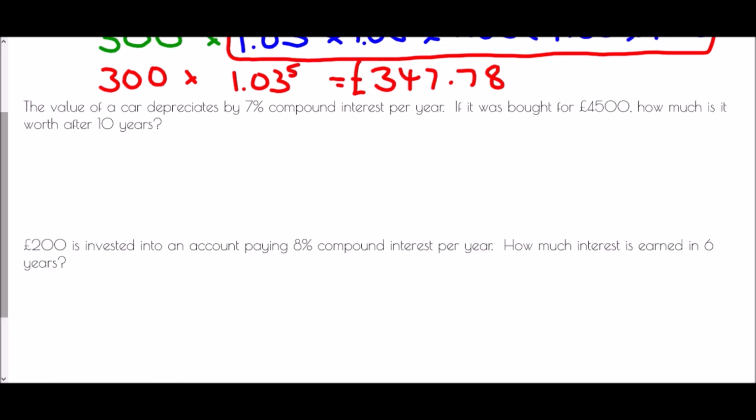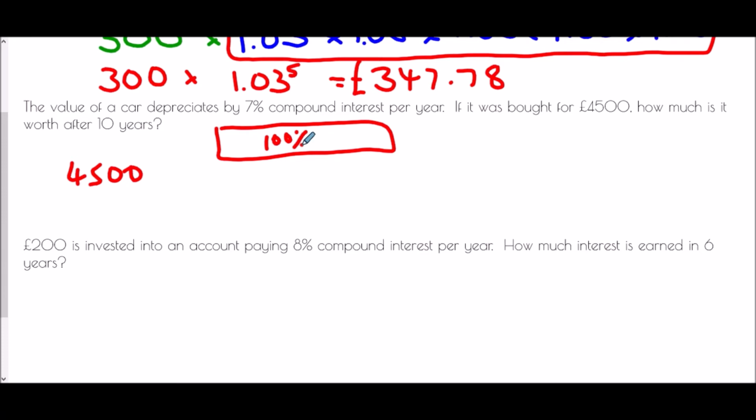Next, the value of a car depreciates by 7% compound interest per year. If it was bought for £4,500, how much is it worth after 10 years? Well, again, the investment is the amount of money that we've spent. The multiplier comes from the fact that we bought the car at full price, so 100%, but we are losing 7% each year. So if we take 7% off, we are now just dealing with 93%.